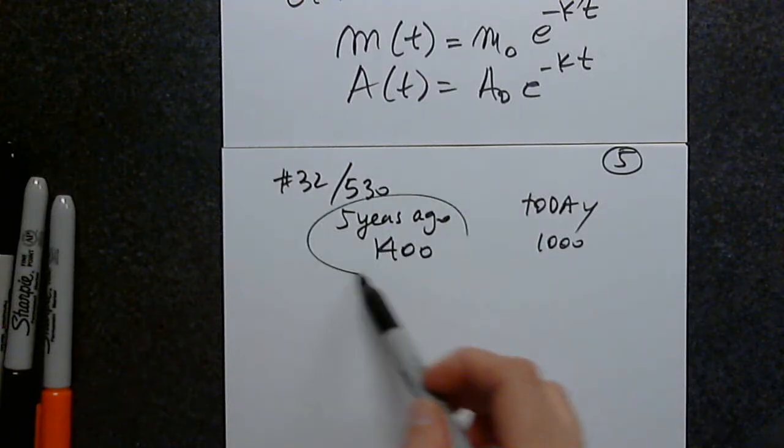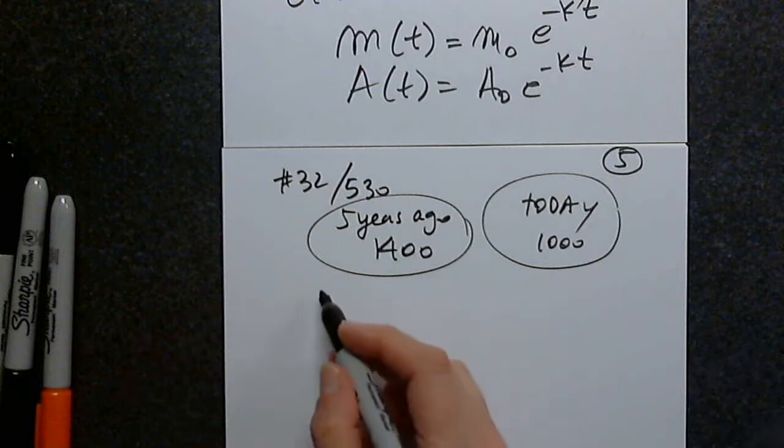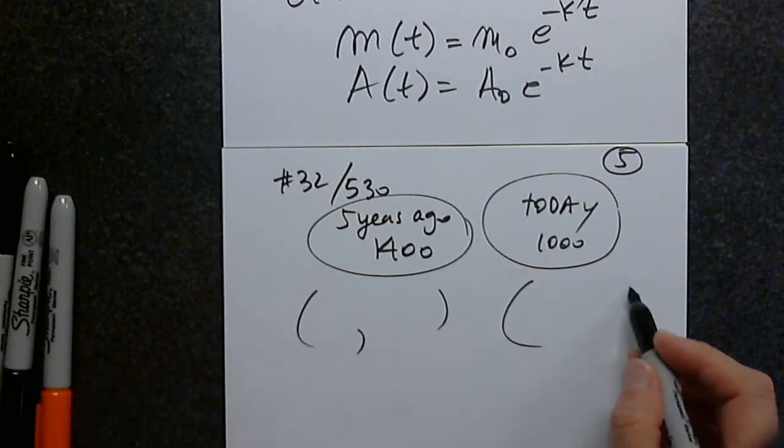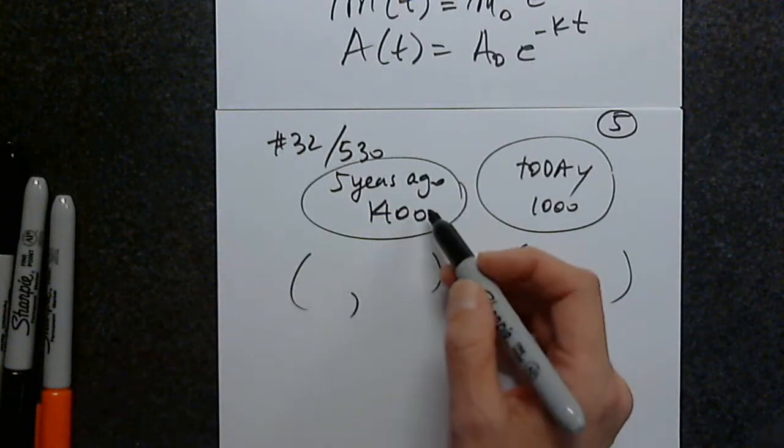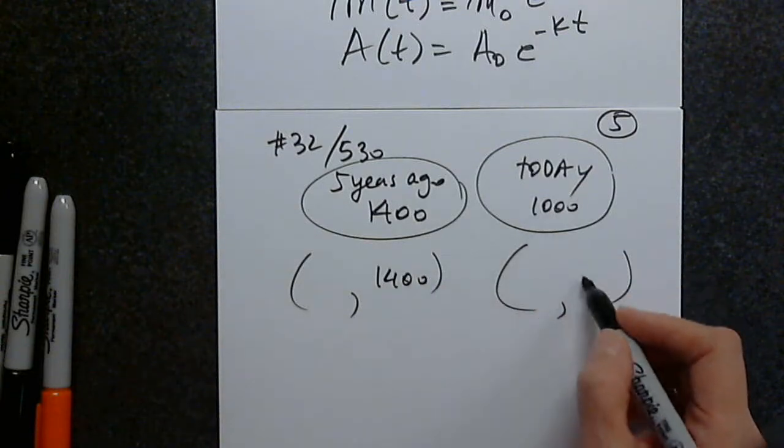What is given in the problem? We are given two points, two ordered pairs with their corresponding coordinates. Obviously, time is the independent variable, so this will be 1,400 and this will be 1,000.